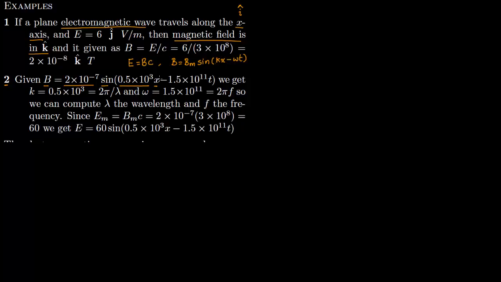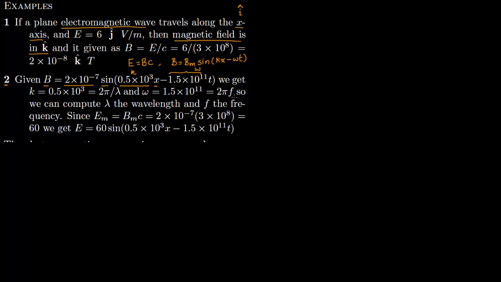I am writing x here because we have x here, and this shows that the direction of propagation is x. So this is k, and this is omega. You just plug in this value, and k is equal to 2 pi by lambda.